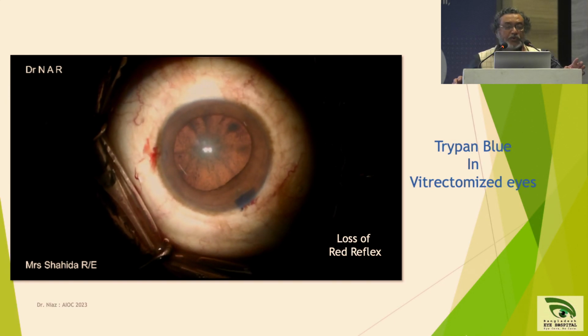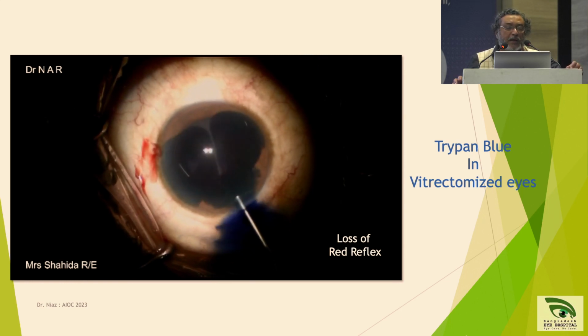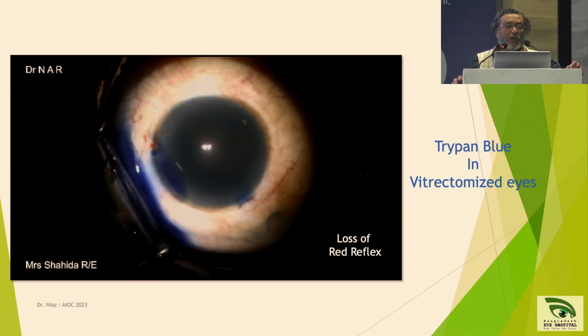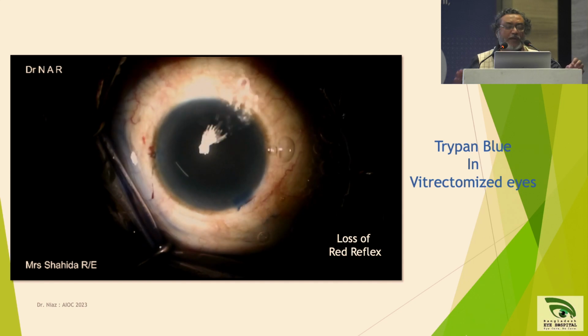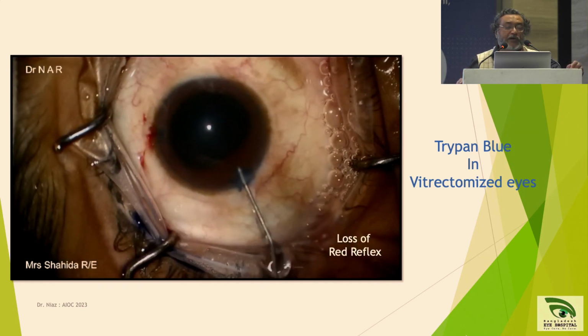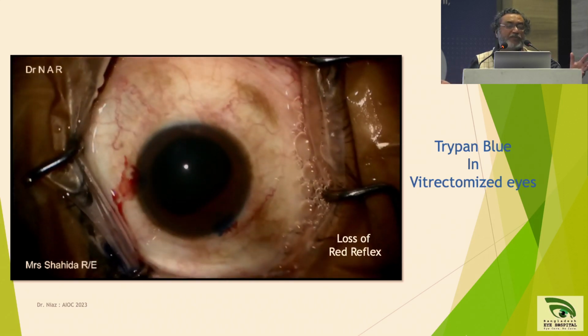Now, just to show you a small video, you see, this is a vitrectomized eye. And if you want to stain the nucleus with trypan blue, and you wait for a little while, what can happen is this blue can seep into the posterior chamber. And then you have just lost your red reflex. Once you wash the trypan out of the anterior chamber, you have lost the red reflex.